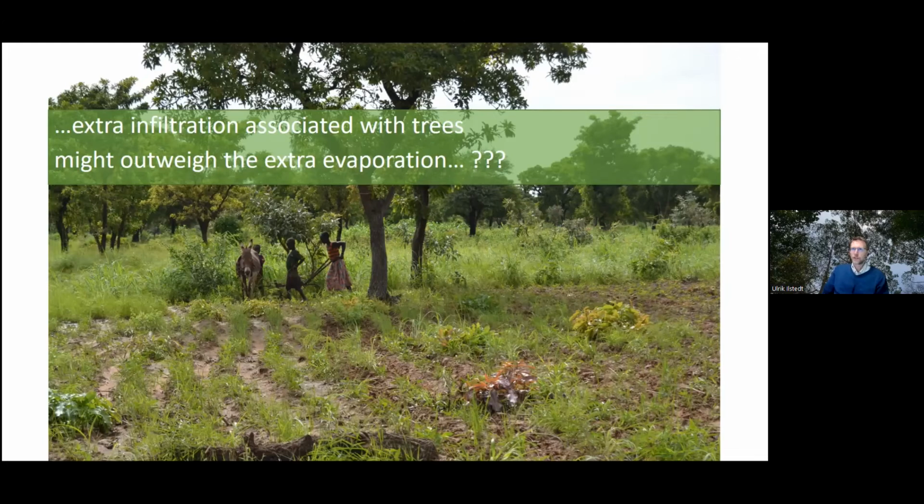If we have situations like the picture you see here from Burkina Faso, where we have dry forests that are thinned out and cultivated, we get the agroforestry system that is called agroforestry parklands in this region.